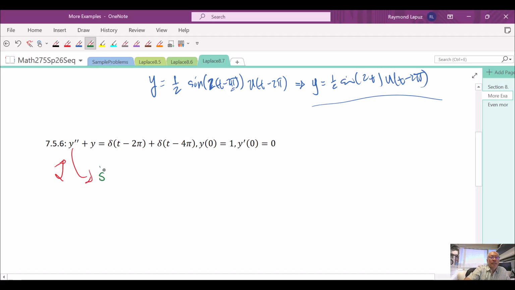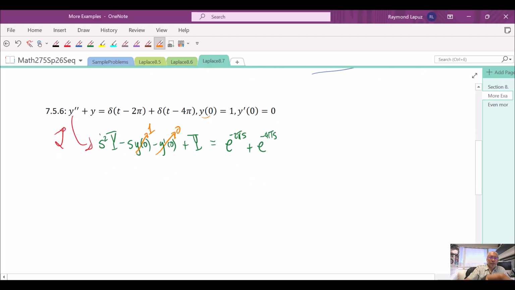We're going to have an s squared capital Y minus s y of 0 minus y prime of 0 plus just the Y. Now we've got a couple of delta functions, so it's going to be e to the negative 2 pi s plus e to the negative 4 pi s. And that's it. Y of 0 is going to be 1. This is going to be 0. So we don't get rid of everything. We get an s there.